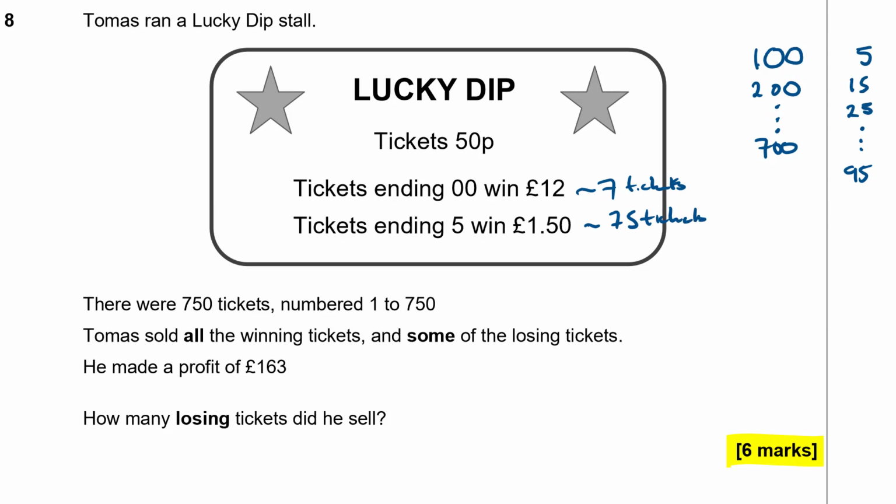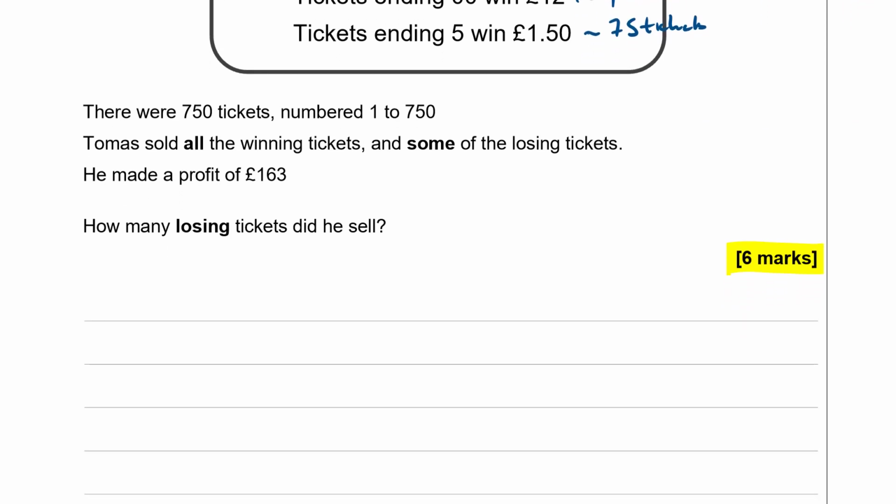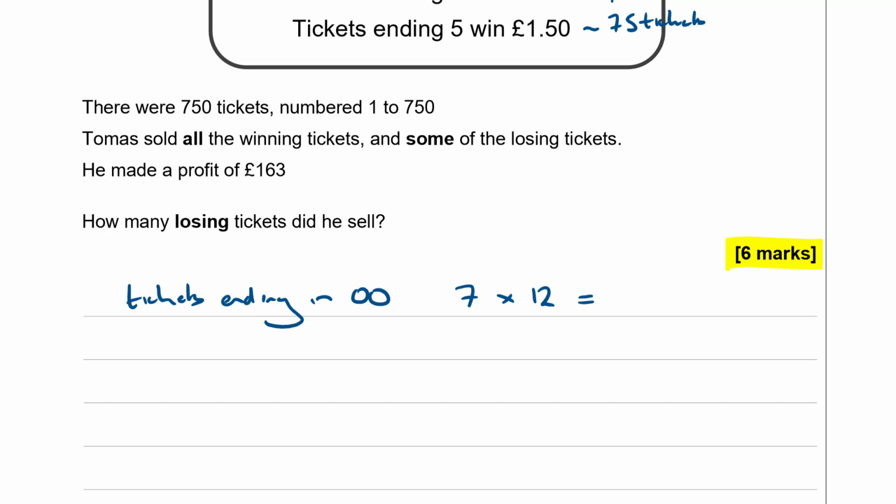Okay, so now we know how many tickets there are altogether of each winning type. We can work out how much Thomas paid out in prize money. Let's make a note of that underneath. Tickets ending in 00, there were 7 of those, and he paid out £12 on each of them. 7 times 12 is 84.